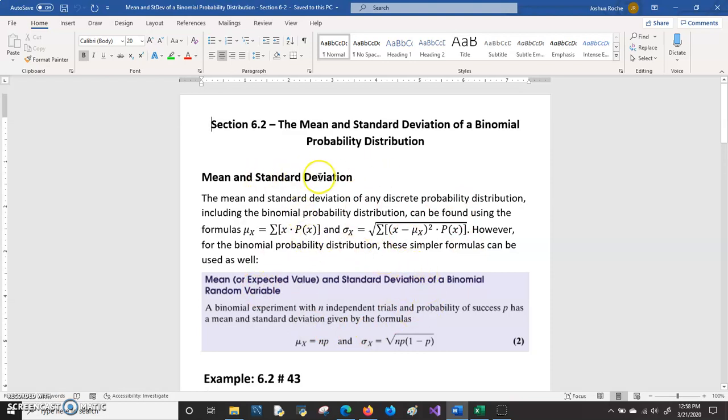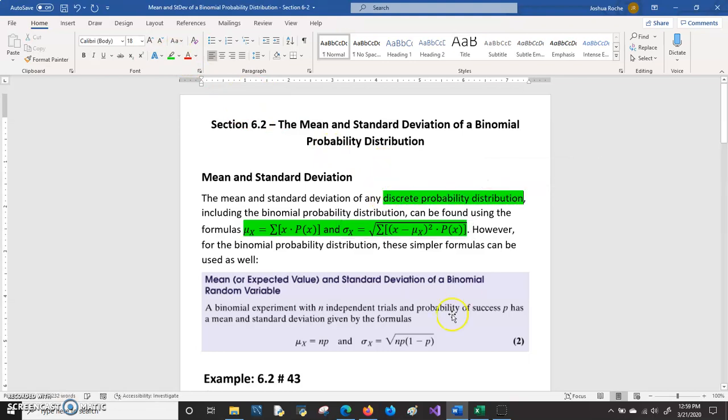The mean and standard deviation of a binomial probability distribution can be found using the same formulas as in 6.1. These formulas can be used for any discrete probability distribution, including binomial.